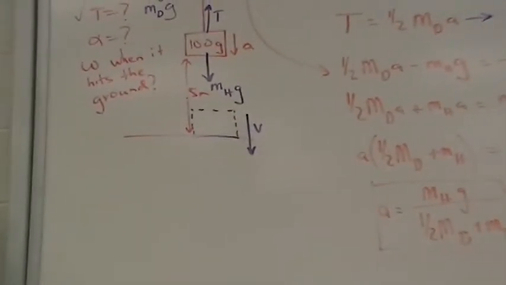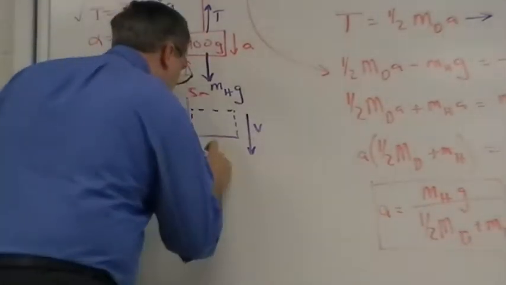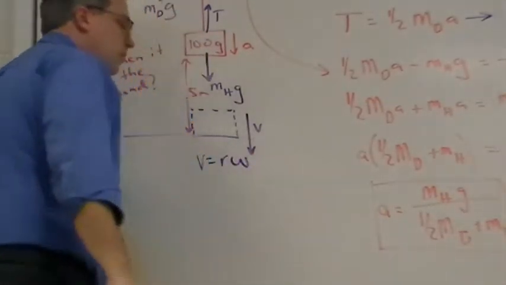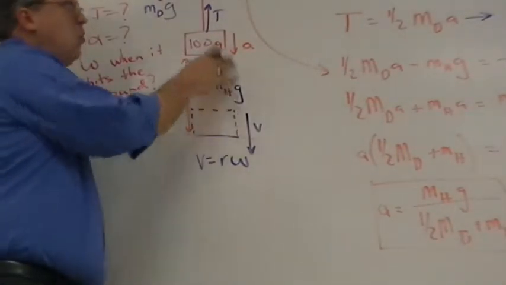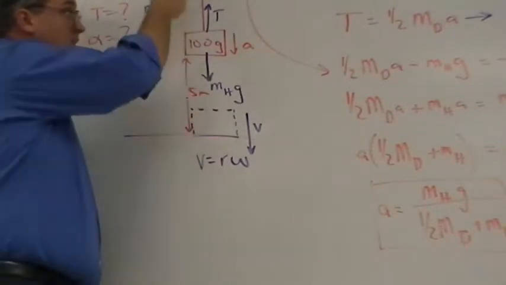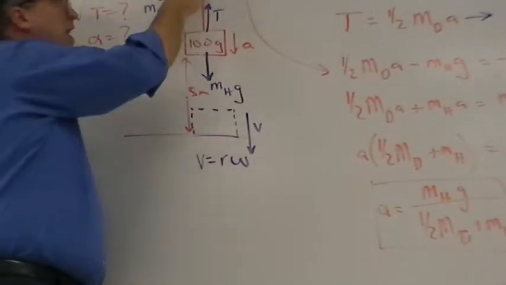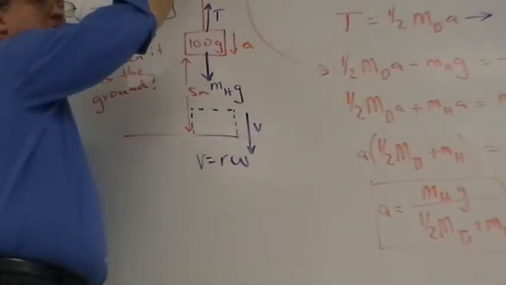Is there a simple relationship there? Someone's mumbling it. V equals R omega. That's right, Junaid. The linear speed of this thing, when it hits the ground, is tied to a string. That string is going to make the outer edge of this pulley move at that same speed.